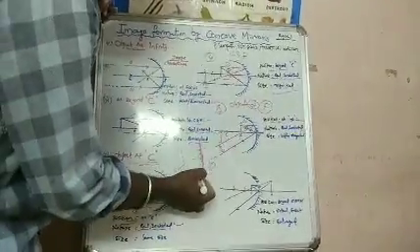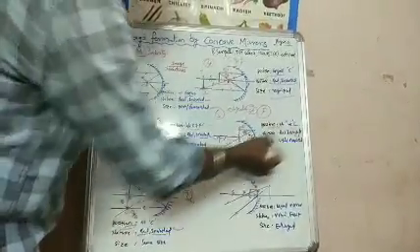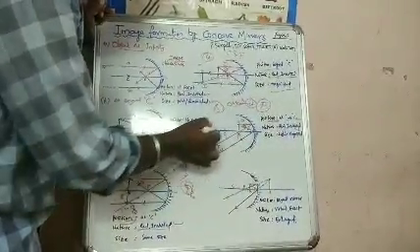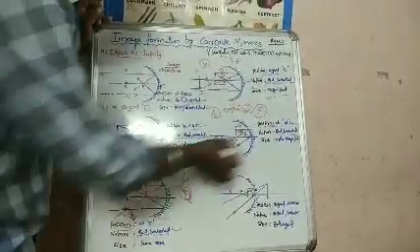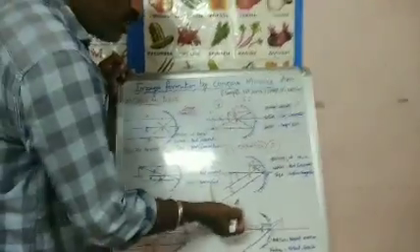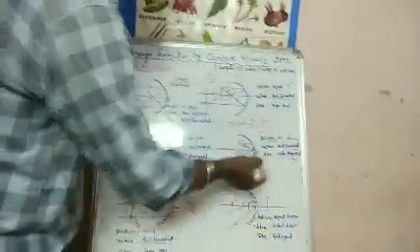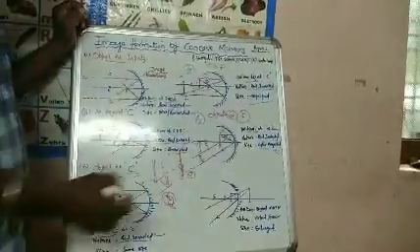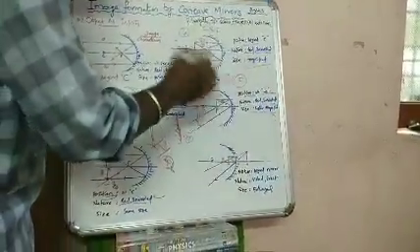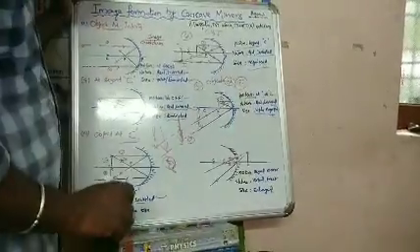Which type of image is formed? Real, and that's why it is inverted. This is away from the pole, that means at infinity distance. That's why it is highly magnified compared to the object. So these are the characteristics of the image if we take an object at the focus.